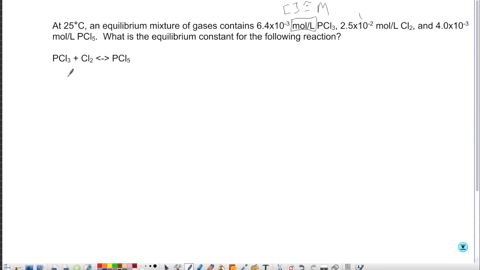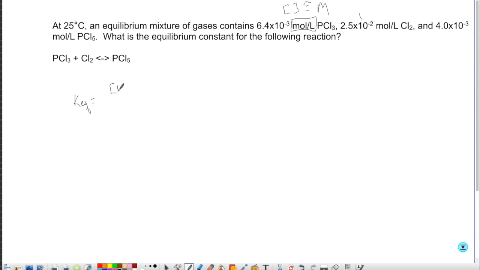Okay, so here's the reaction. Notice the two-sided arrow, which means that this is a reversible reaction. It's balanced. From this I'm going to write my equilibrium expression. So KEQ equals concentration of products over concentrations of reactants.